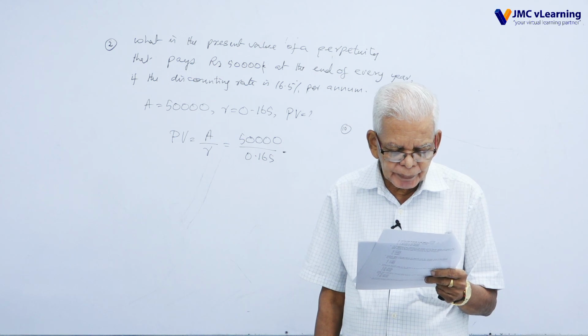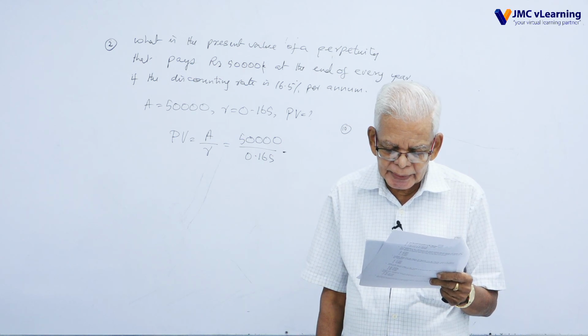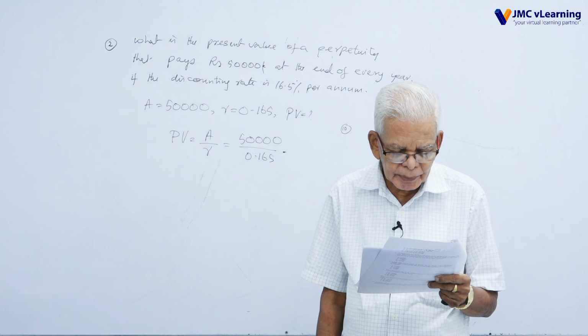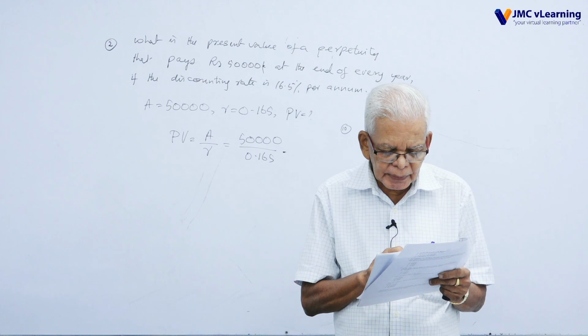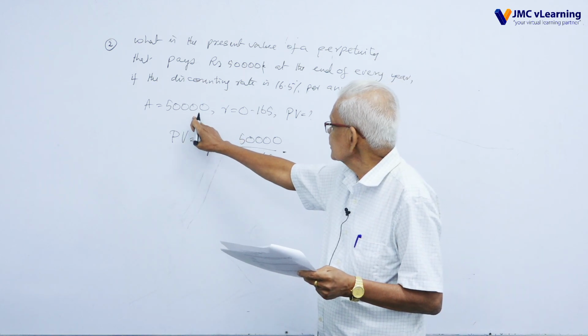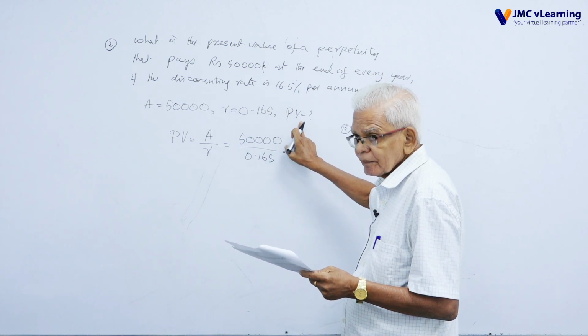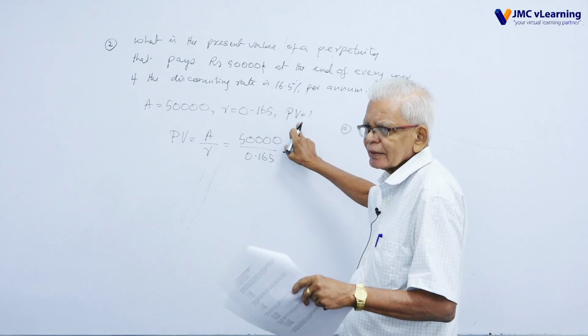Present value is also given. You have to find out first of all the discounting rate.